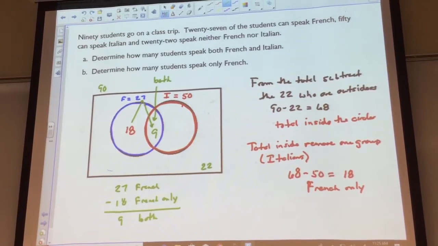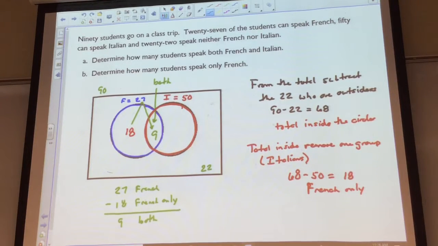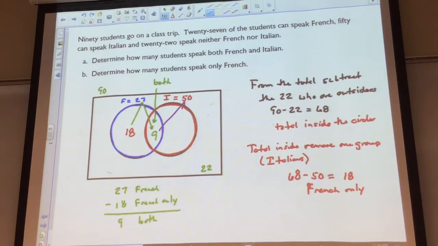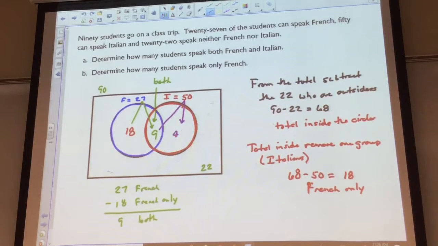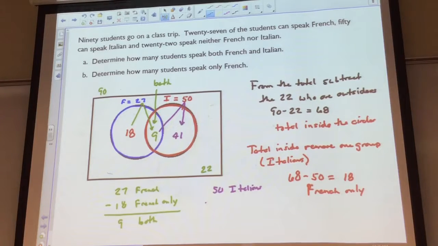So that's how we come up with the 9. And now once we have that center section, it really tumbles quickly. So now we know of the 50 people that are in the Italian circle, we're going to take 9 away and leave us with a value of 41. So the same kind of approach to the problem. So we would take the 50 Italian speakers and we would take away the 9 that are capable of speaking both languages and come up with the 41 that speak Italian only.